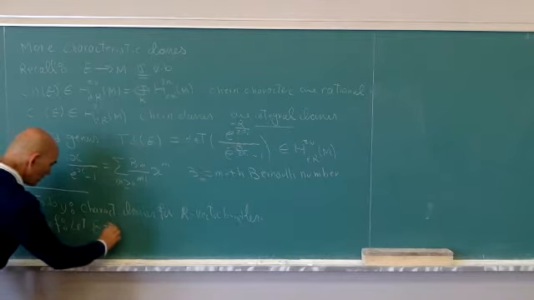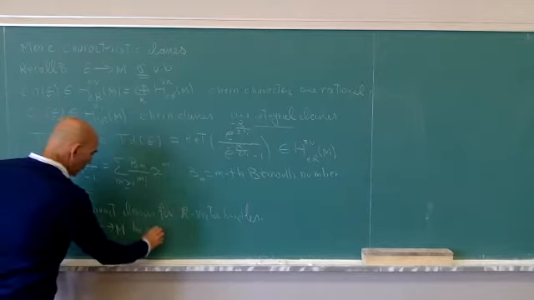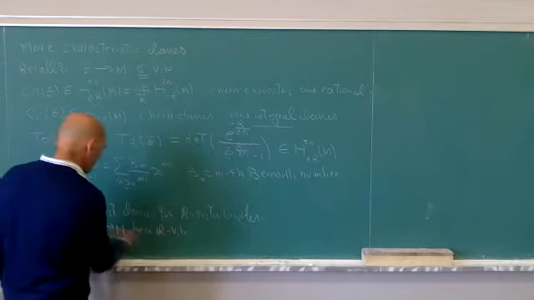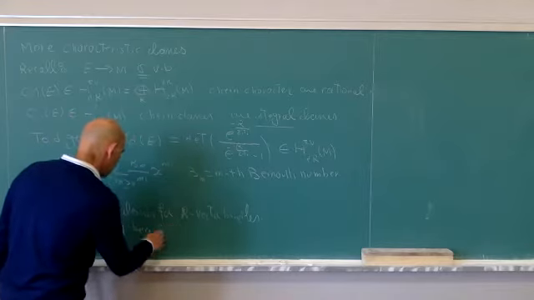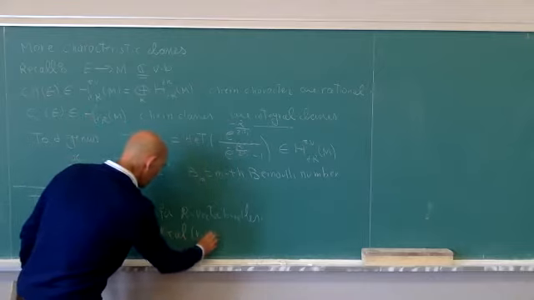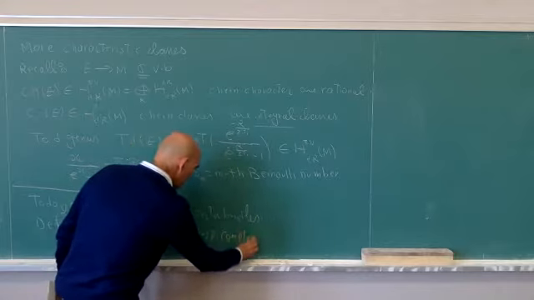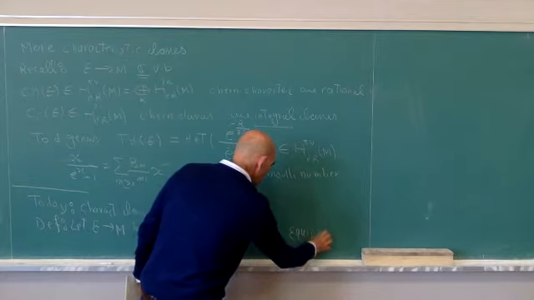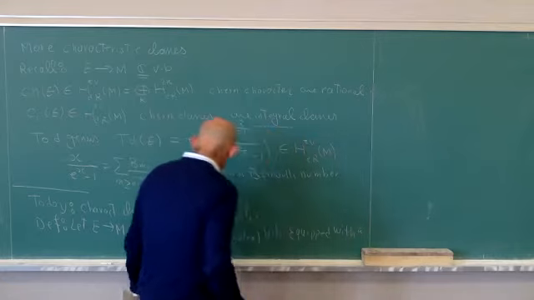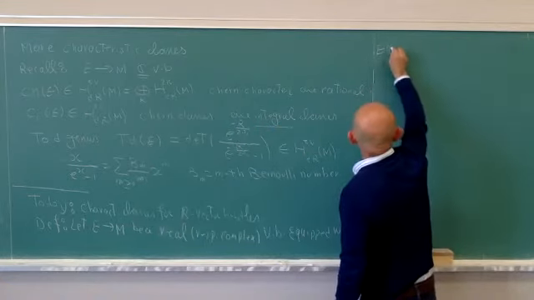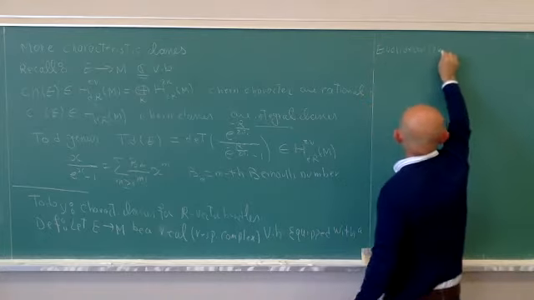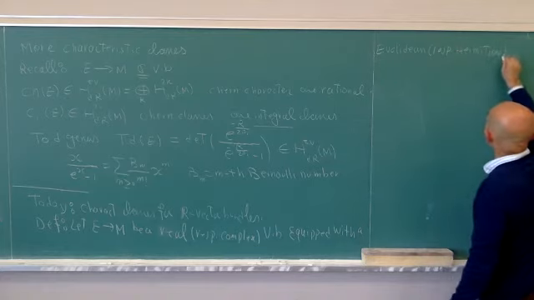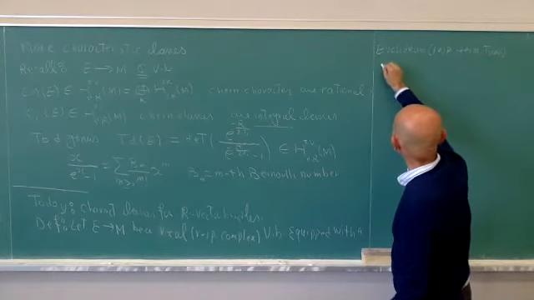Let E over M be a real, respectively complex, vector bundle equipped with a Euclidean, respectively Hermitian in the complex case, inner product.